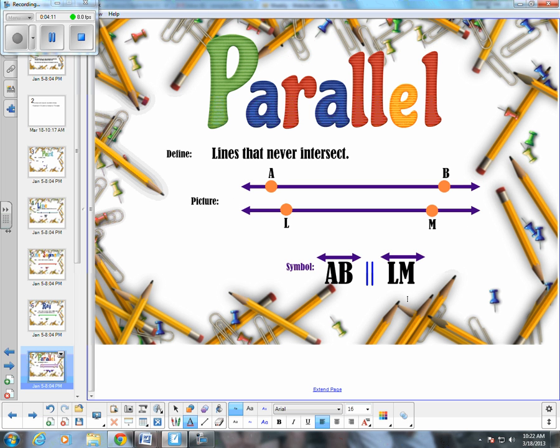Now, the symbol for it, we have line, and see the symbol, it has two arrows on the end. Line AB is parallel, drawing two parallel lines, to line LM. And there you go. The easiest way to draw parallel lines is to use a ruler. It's really hard to draw freehand parallel lines, so when you're asked to draw parallel lines, you must always use a ruler because they never, ever, ever intersect.